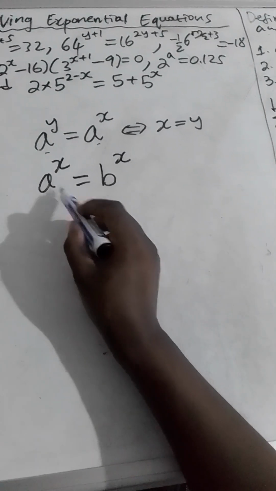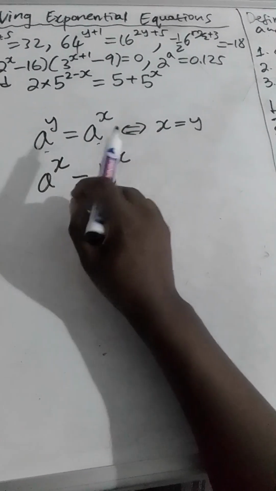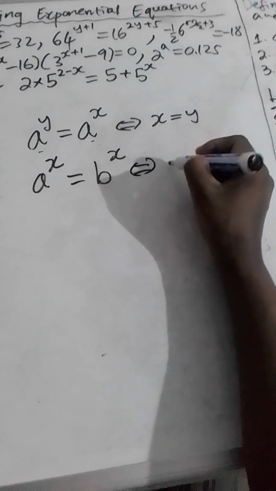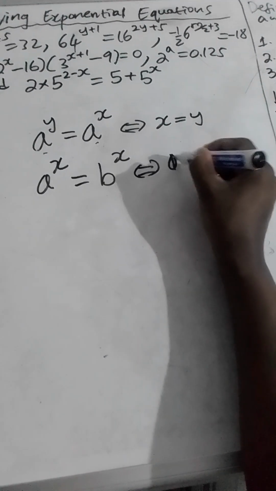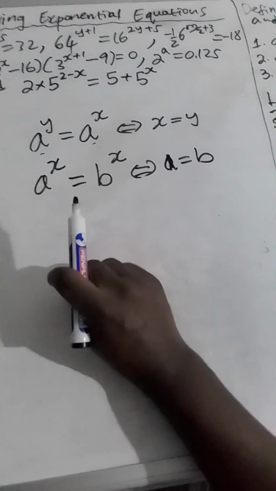Another possibility here is if we have a to the exponent x and b to the exponent x. If these powers are equal and their exponents are equal but the bases are not the same, then we know that a must be equal to b. But I need to rephrase this. Maybe it's nicer if we put it like this.